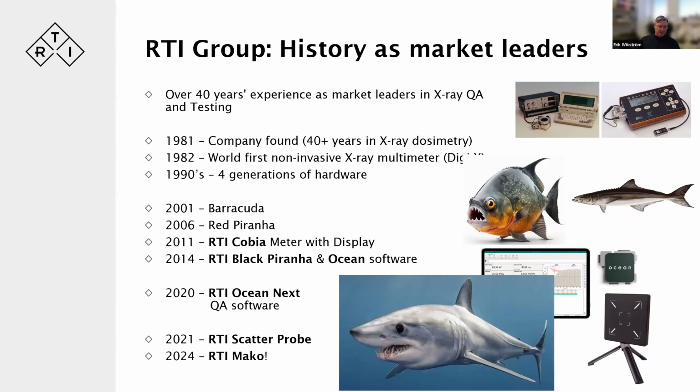Well, the history is that it started already 25 years ago with the introduction of a system called Barracuda, where we said that we need a name that is good, that sounds strong. So that was the Barracuda, and then we've kept it, and it's followed with the Piranha, Cobia, and now Maaño, and of course they all swim in the ocean, which is the name of the software package. So that's a little bit just to keep in mind.